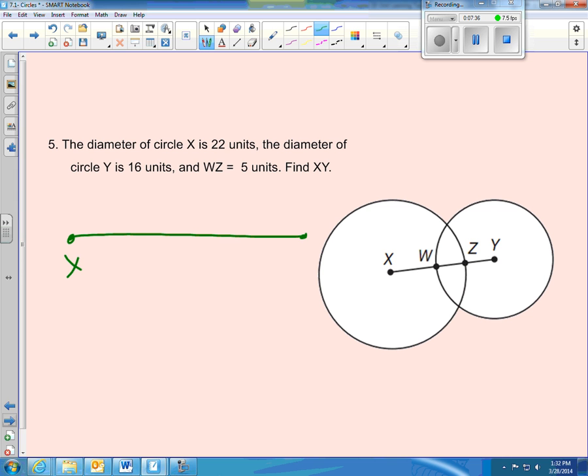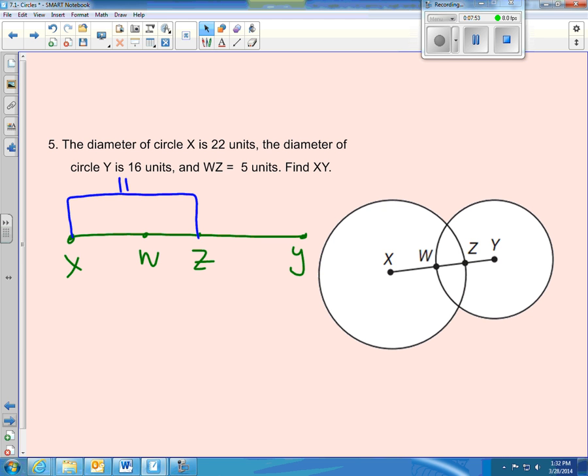So we've got X with W, Z, and Y. The diameter of circle X, so X to Z, the diameter is 22, so this is a radius of 11. The diameter of circle Y is 16, so Y to W is going to be 16. And WZ is 5. I want XY, so I want the whole thing.